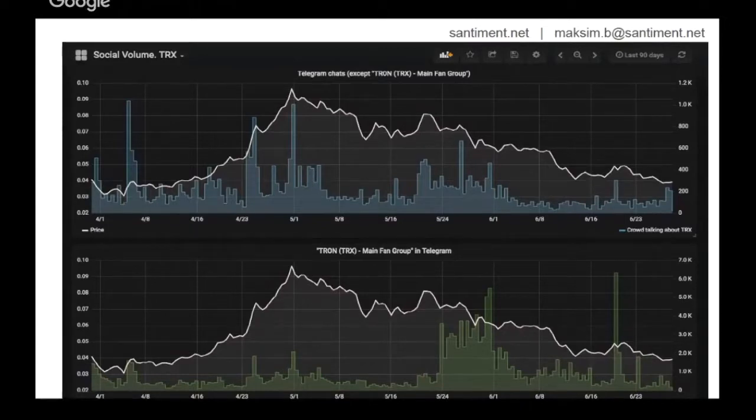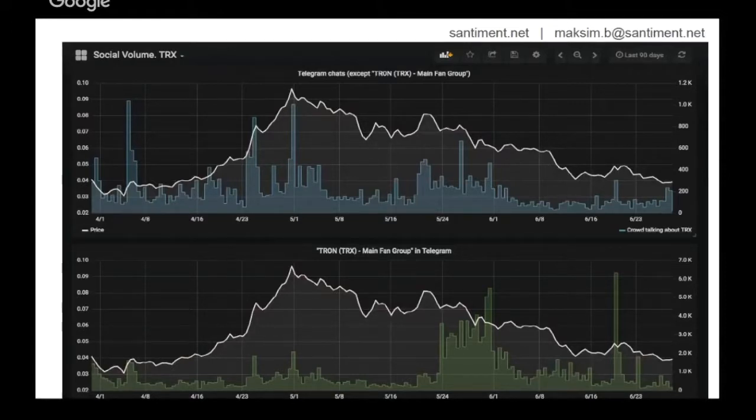It also shows an interesting picture, and gives enough food for further analysis, of what kind of effect the spikes, reaching the peak top valuation, have on a crowd or community of people engaged with this project. The white line here is the price, and the green and blue lines are the amount of messages passing through communication channels.